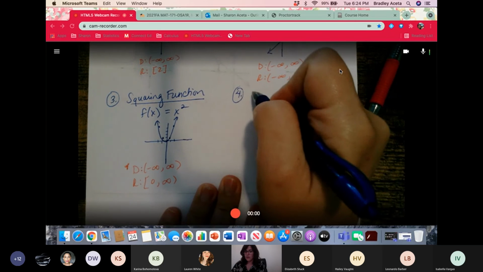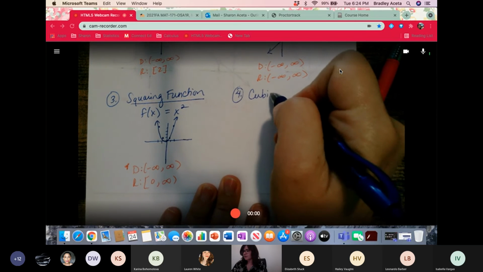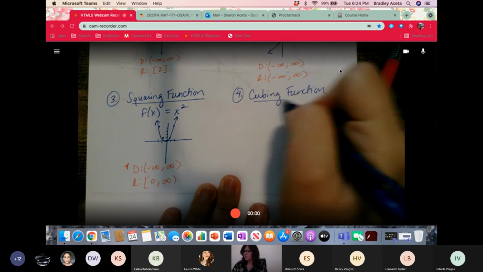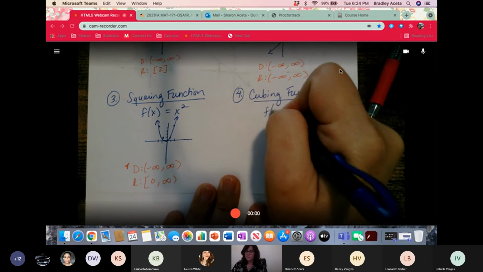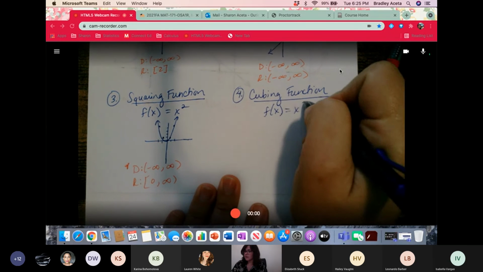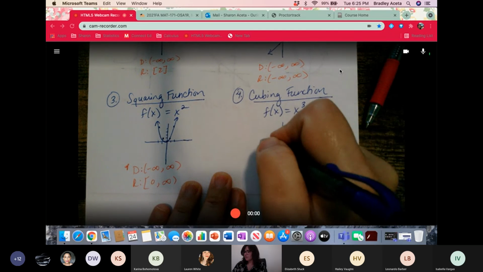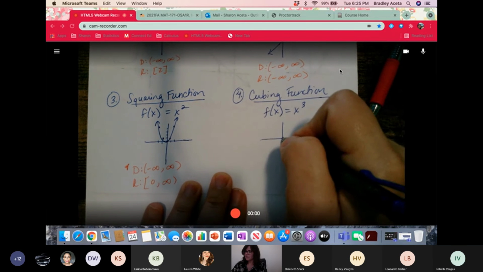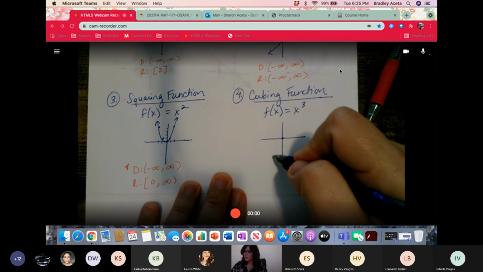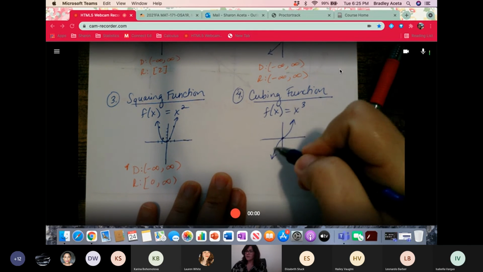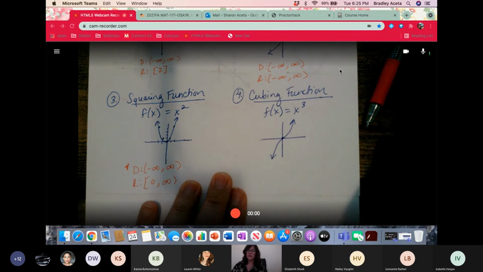Then we have a cubic or a cubing function. So f of x equals x cubed. And this one goes through 0, 0, and it goes down and curves. It does this little slight curve and then comes up.